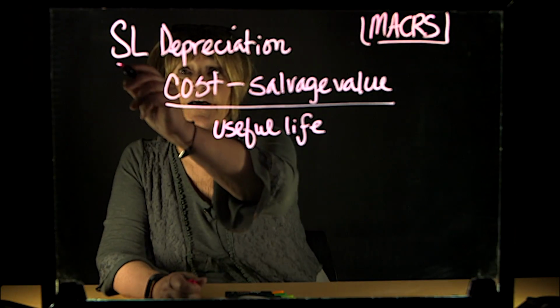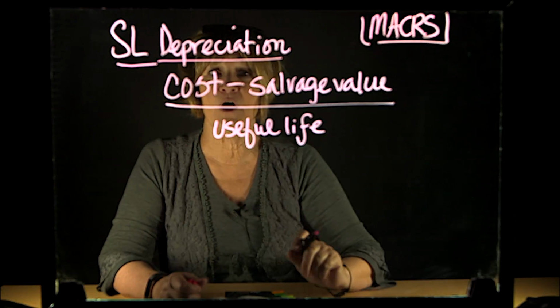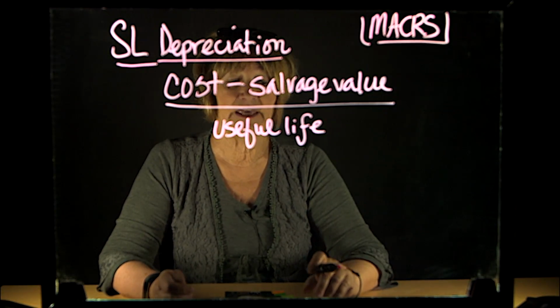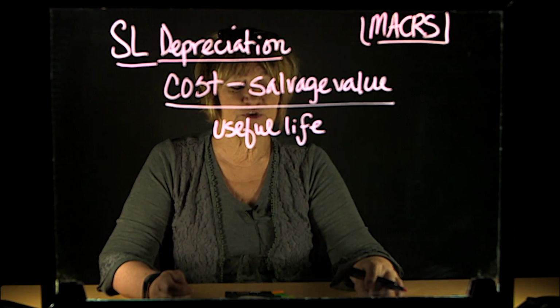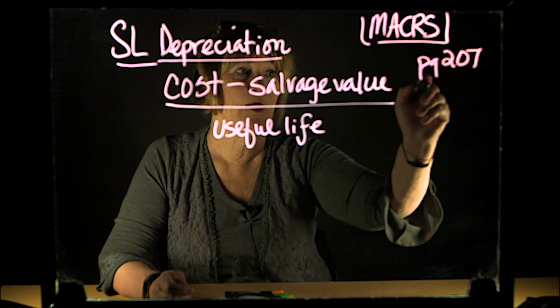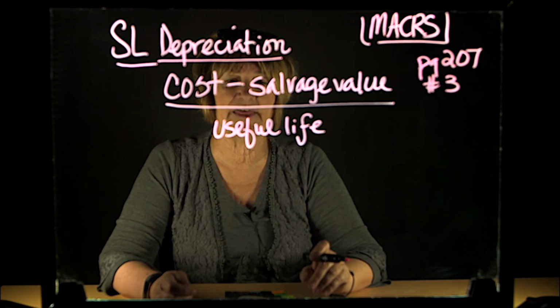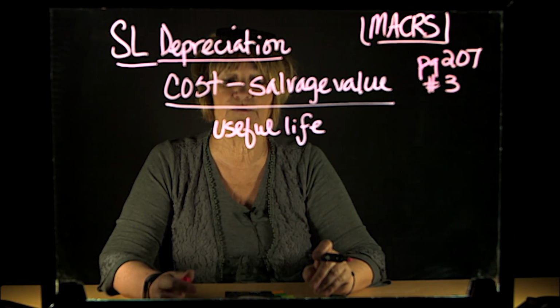But when we're talking about straight line depreciation, we're going to take the formula of cost minus salvage value, divided by useful life. And so if you look at page 207, and we're going to look at exercise number 3, that's the one that I will be doing an example for.